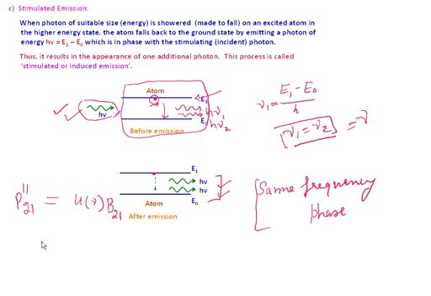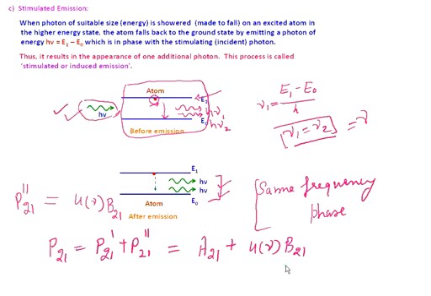So now the total transition probability of emission is denoted by P21, and that is equal to P21 prime plus P21 double prime. Here P21 prime, as you know, is only the Einstein coefficient A21, plus this U nu which we have written right now, times B21. So P21 is the transition probability for n number of atoms, and what was the P12 transition probability?